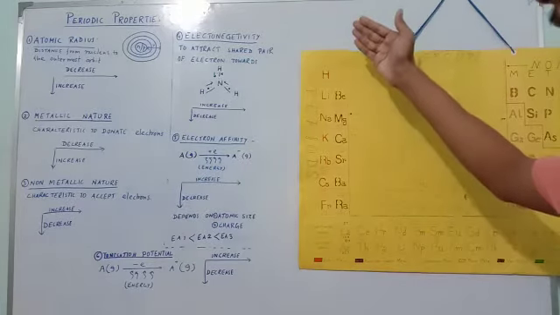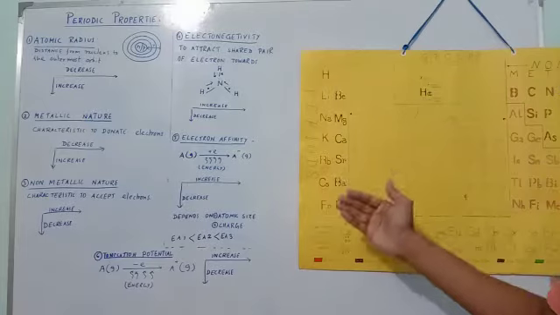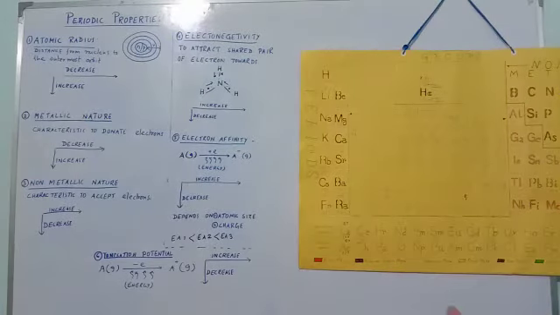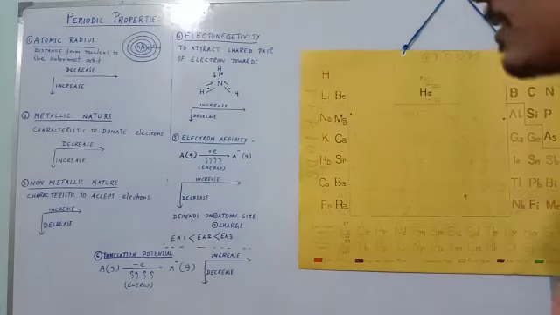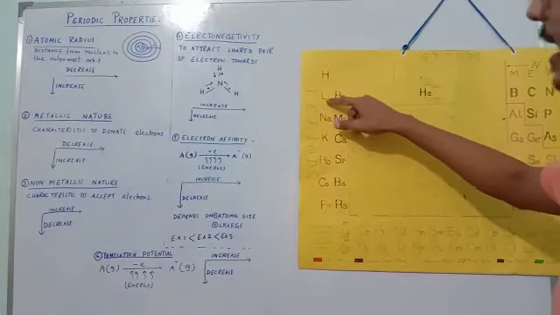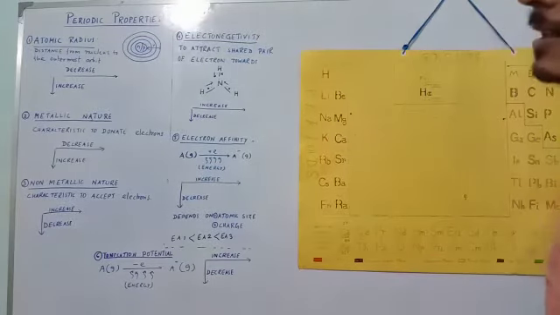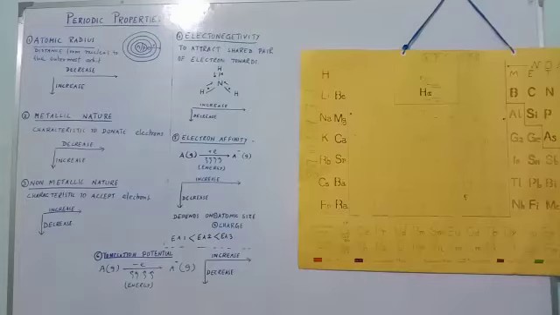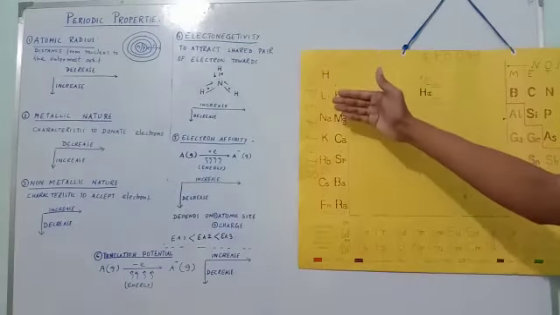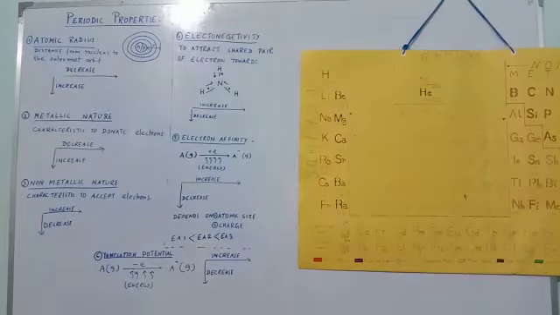And if we move down a group, atomic radius increases because of the increase in the number of orbits. That means hydrogen, lithium, sodium. Sodium has the maximum atomic radius among hydrogen, lithium and sodium.